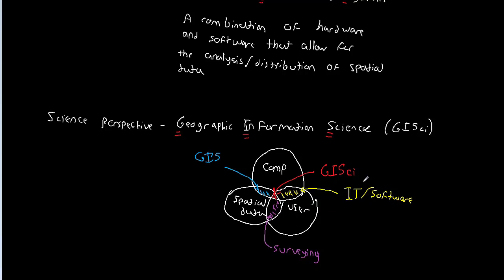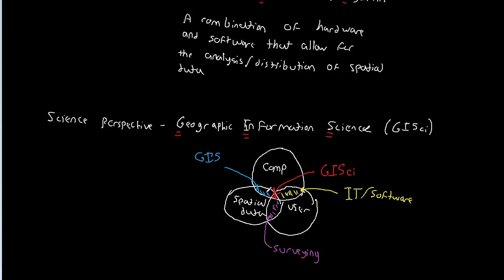So hopefully you can see from this relatively simple diagram the way that these three components, the hardware, the data, and the user, come together and overlap to produce GIS from the science perspective, as opposed to the more narrow definition where we say GIS is a system, meaning it is just the hardware that is used to deal with analysis and distribution.